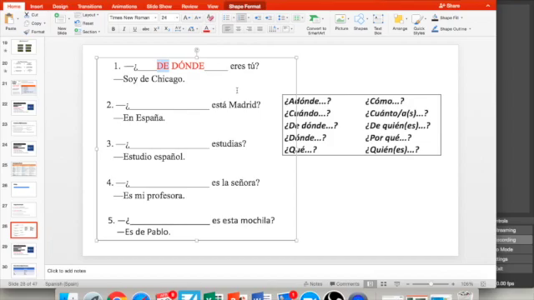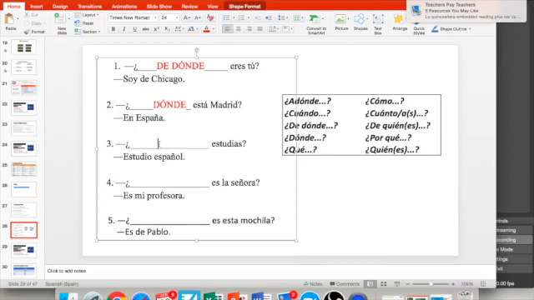What about number 2? It asks you, blank está Madrid. Blank is Madrid. And then the person says back, en España. It's in Spain. So we're asking, where is Madrid? In this case, we just need plain old ¿dónde? ¿Dónde está Madrid? Where's Madrid? In number 3, we're asking, blank estudias, something you study.